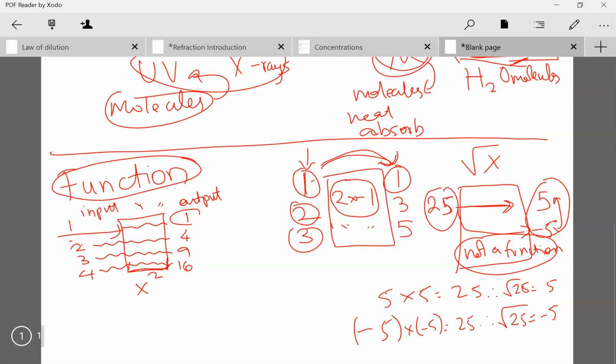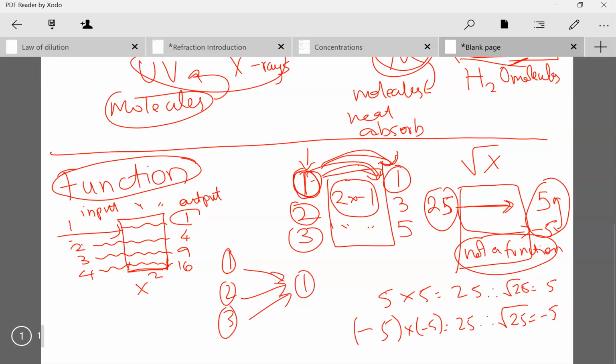Functions are defined by their one-to-one correlation. So for every input value, you must have exactly one output value. It could go the other way. There could be functions where whatever number you put in, you get the same output for some reason, and that's fine.